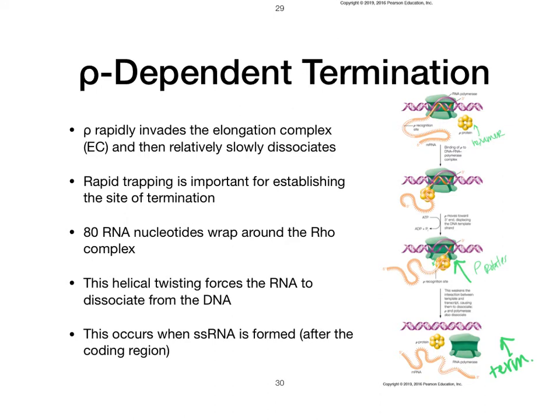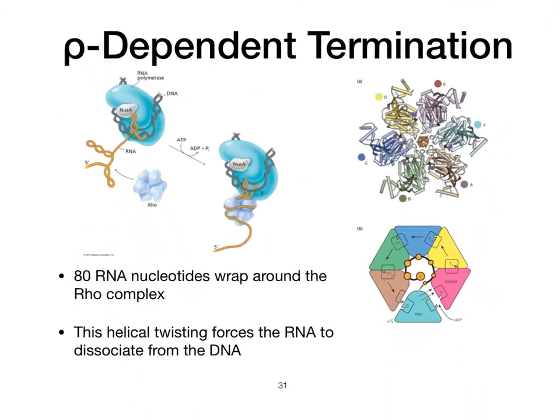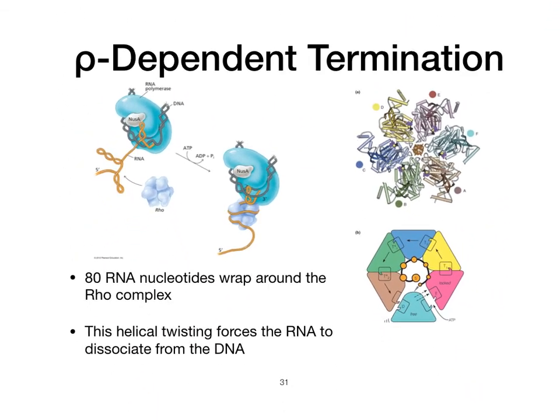And so what we see is how all of this works. So in rho-dependent termination, we can see our 6 subunit rho here and here. And so the way the mRNA fragments bind in here, then we have this helical twisting. And so what we see is a rotation around the center point.